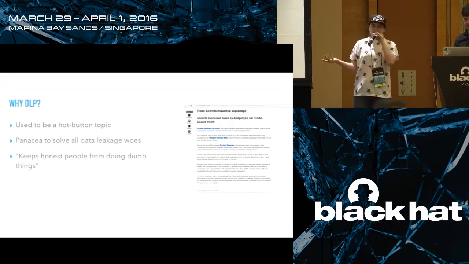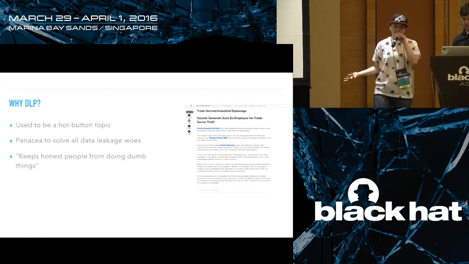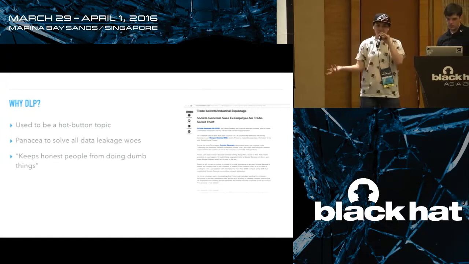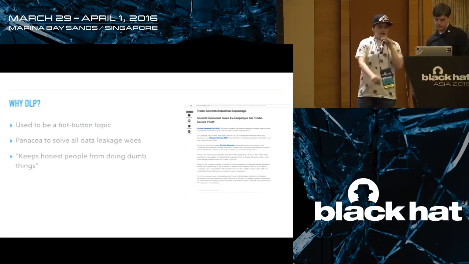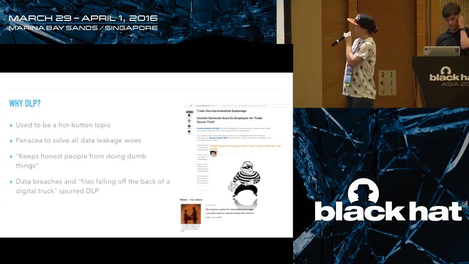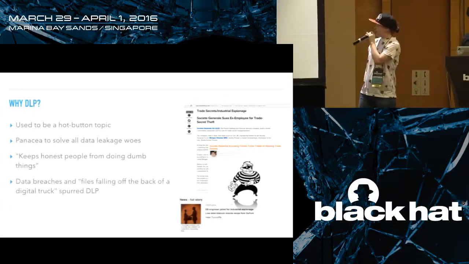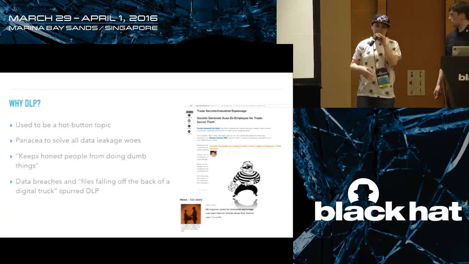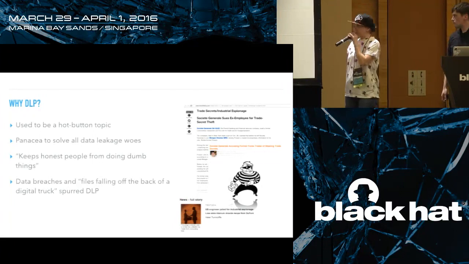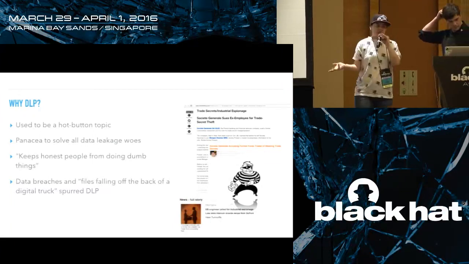Maybe prevent one of your developers from sharing source code with people outside the organization, like, look at this cool function I wrote, put it on GitHub so that other people can use it, if you don't want them to do that. And also maybe help people know when data breaches occur. So your database gets dumped and it's being snuck out of your organization. The whole files-falling-out-of-the-back-of-the-truck kind of situation.